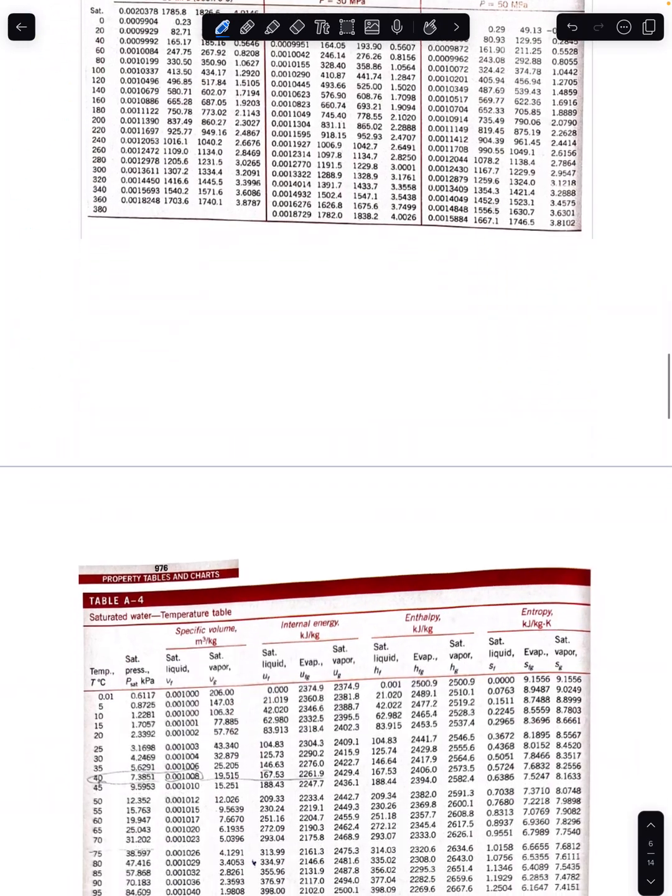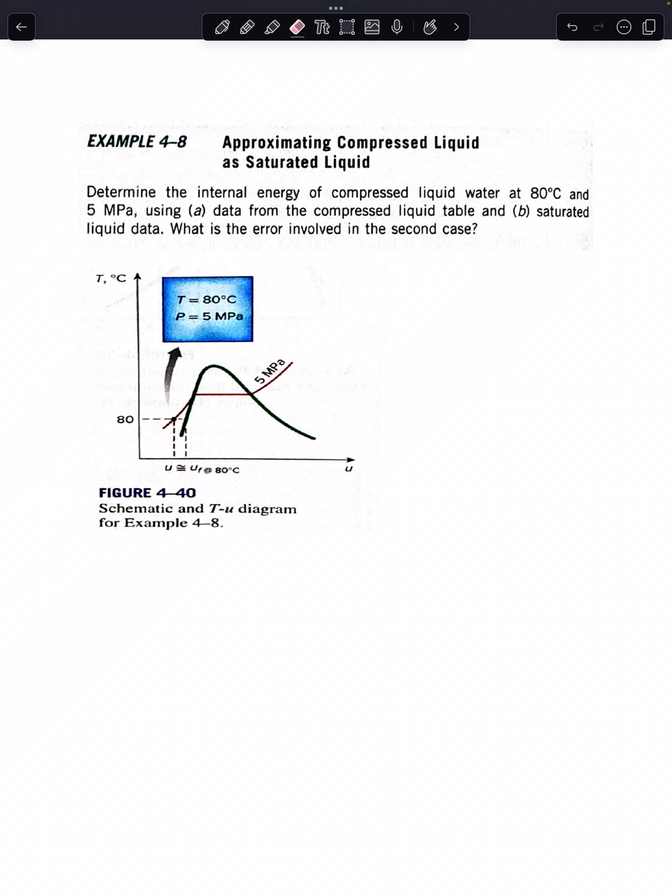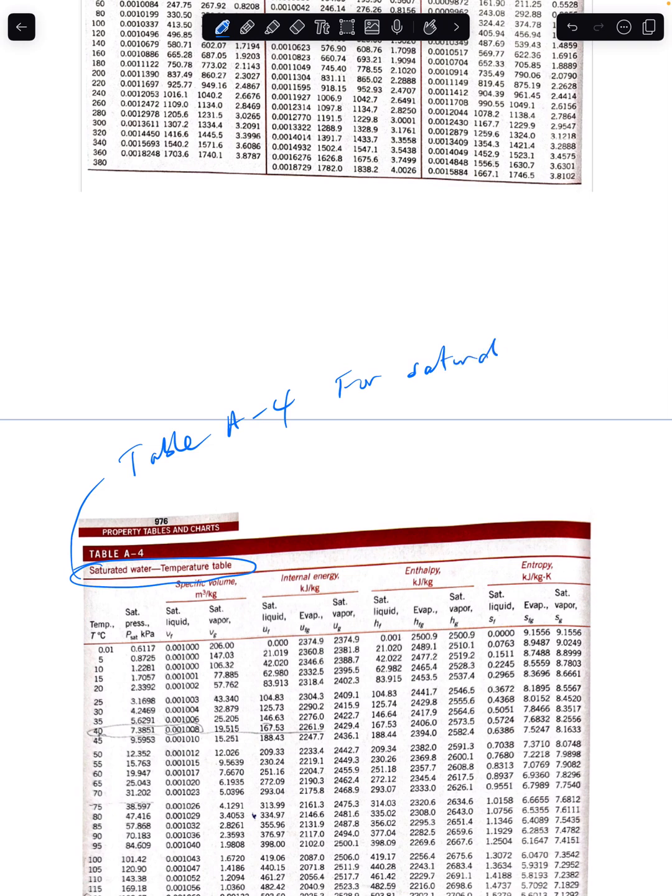Table A4 covers saturated water, and in it we can get the internal energy of saturated water.